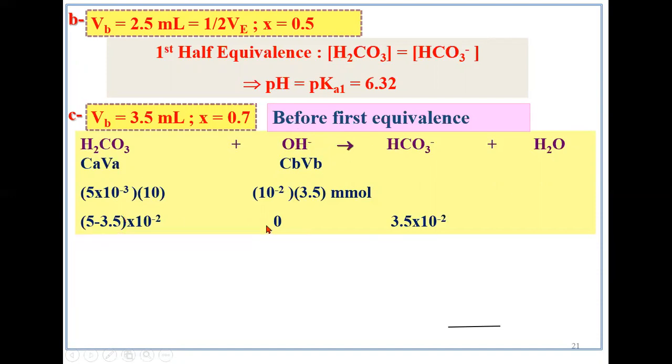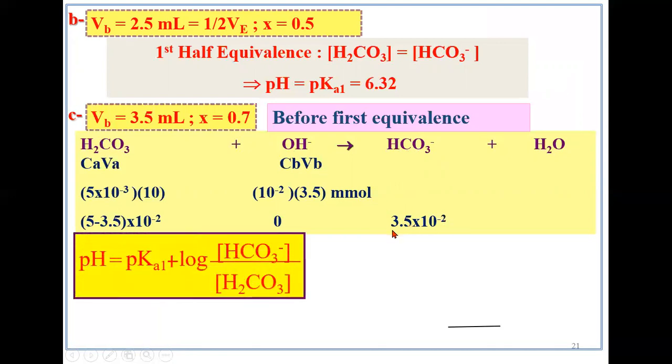What's the leftover H2 carbonate? It's CaVa minus CbVb. Do the calculation. What's the produced hydrogen carbonate? It's simply the limiting reagent moles, which is CbVb. That's the number. Of course, what do you use? We have both acid and its conjugate.